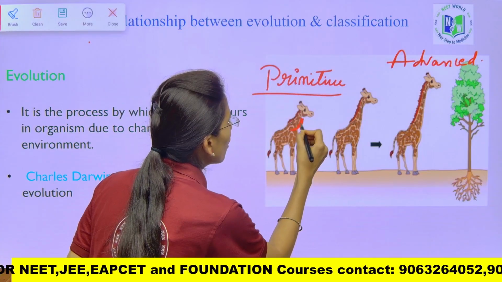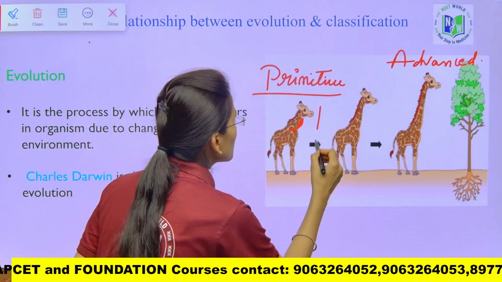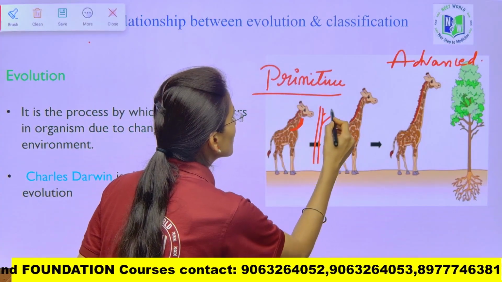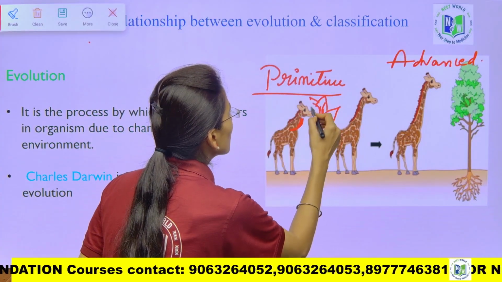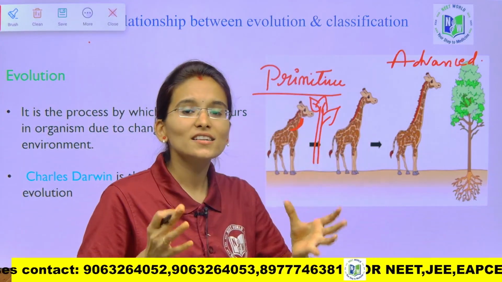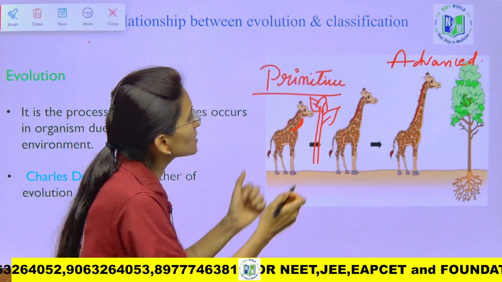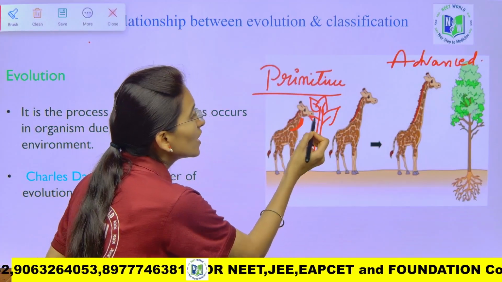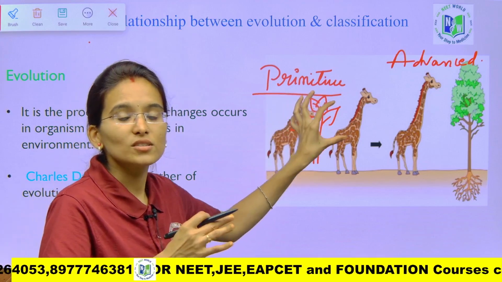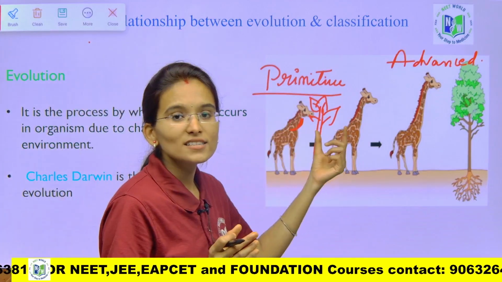The neck of this giraffe was very short, and suppose you imagine here is a tree, right? When all the branches and all the leaves present on the tree are near to the mouth of this giraffe, then only it is going to capture and eat those. Yes, right, are you understanding?